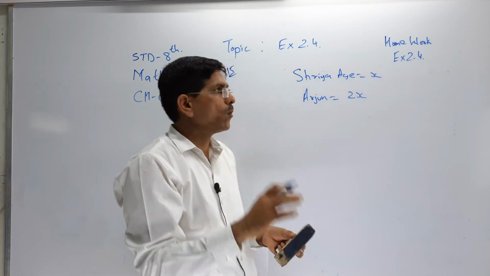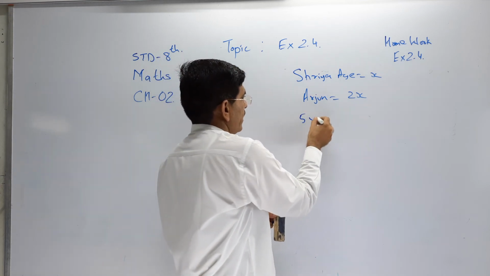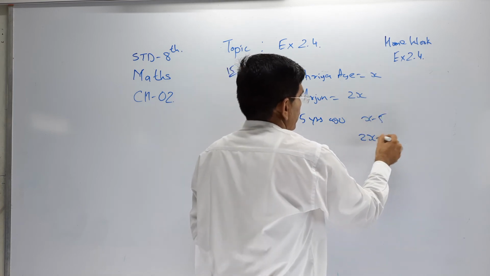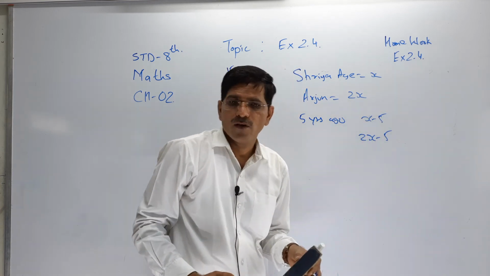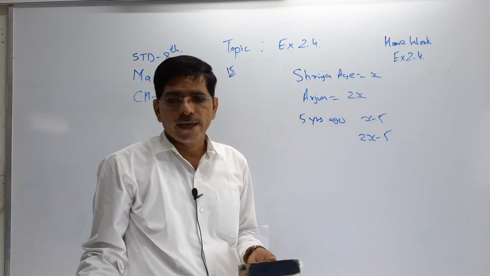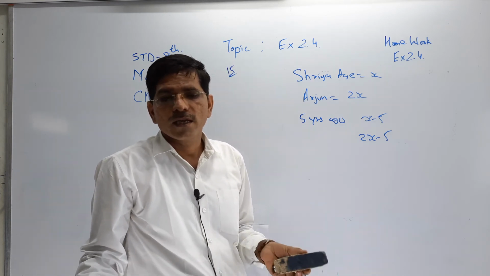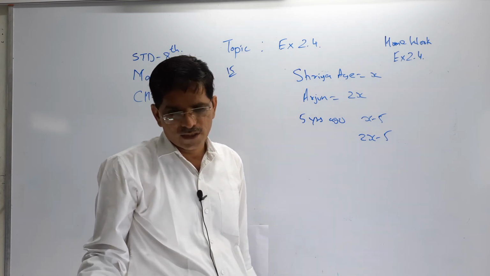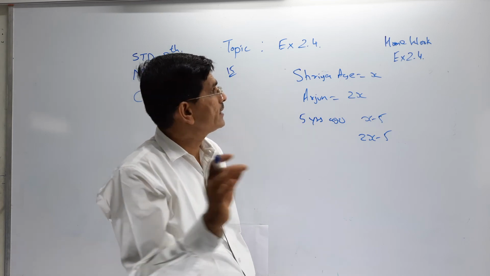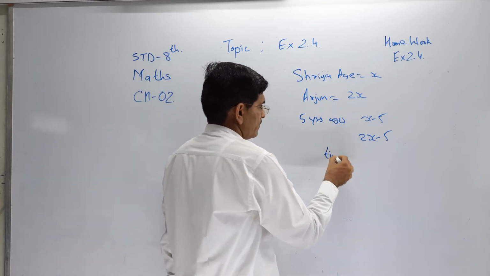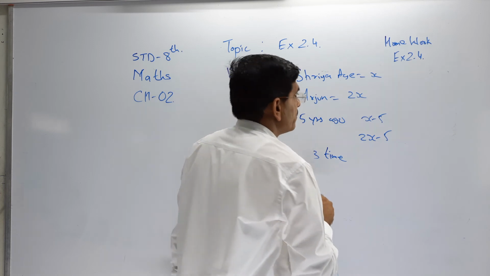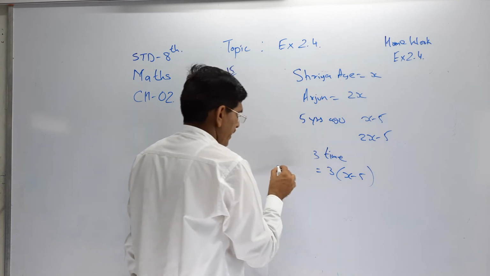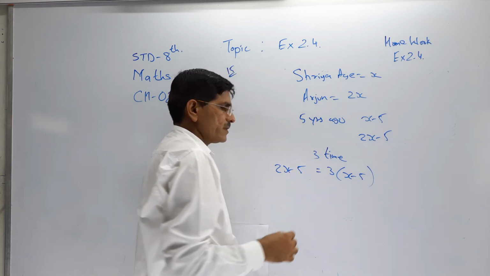5 years ago means x minus 5 and 2x minus 5. The relation is: 5 years ago his age was 3 times Shreya's age. 3 times means 3 into x minus 5, and here I write 2x minus 5.